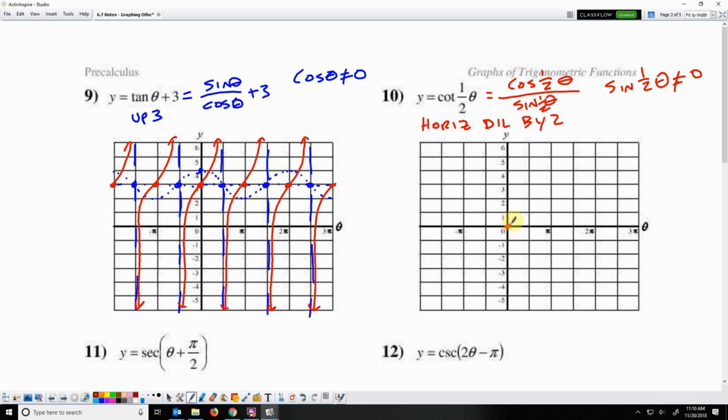Sine wave starts right on its axis and is not shifted up or down, so it's right here on this axis. But it's got a horizontal dilation by 2, which means instead of going up and having a vertex right here, it's going to be stretched way out to here.